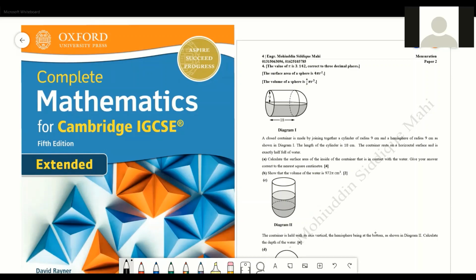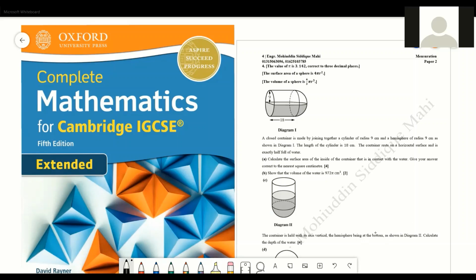You will find a total of 10 exercises, with very good questions, arranged in a very organized manner. I personally like it very much, and I also follow it in my classes. At the end of the chapter, you will also find revision questions, a revision exercise, and an exam style exercise.